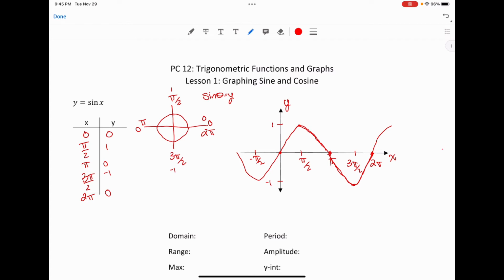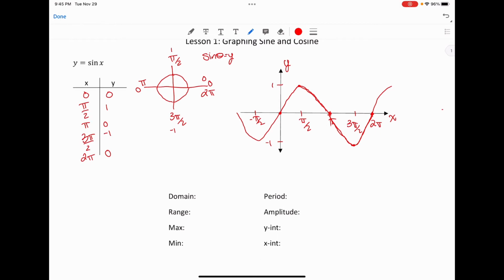It'll continue on forever, and we're going to have different periods or wavelengths. So the domain of this function is x is all real numbers. The range is -1 less than or equal to y less than or equal to 1, because we have a low point at -1 and a high point at 1 on our y values. So max is 1, min is -1.